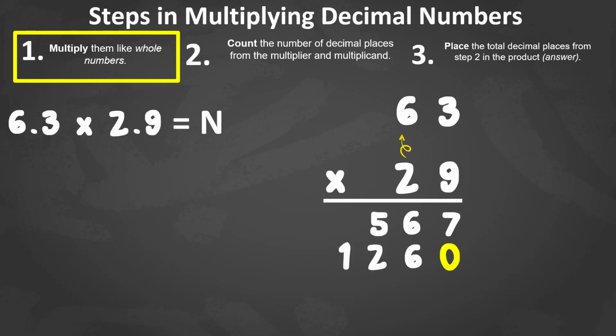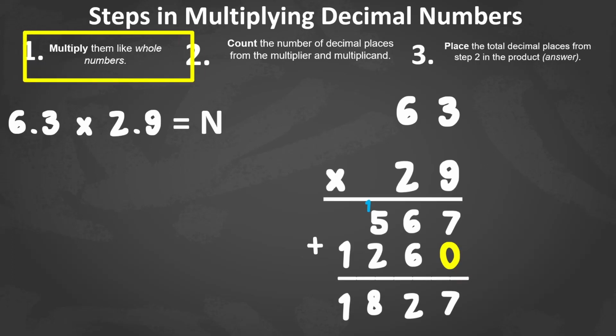Since we have two products here, from 63 and 9 and 63 and 2, we need to add them now. We start from right to left. 7 plus 0 is 7. 6 plus 6 is 12. Carry 1. Now it will be 1 plus 5 plus 2, which is 8. And bring down 1. The final product is 1,827.